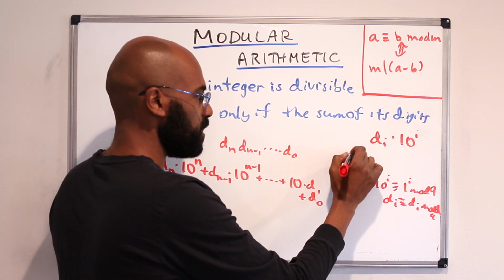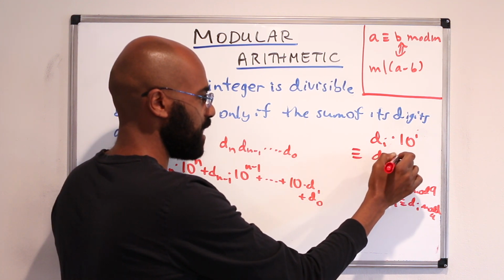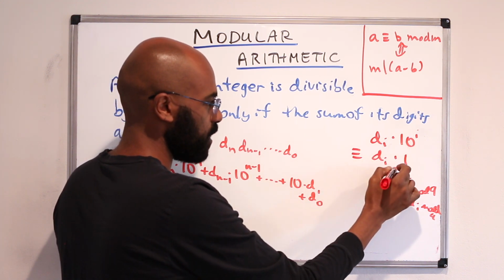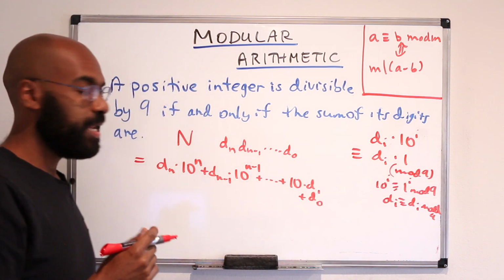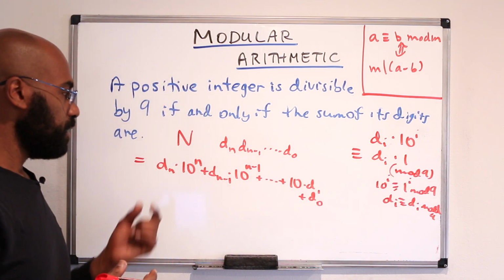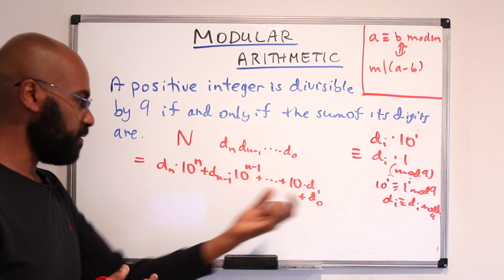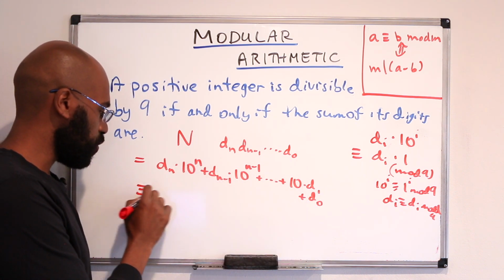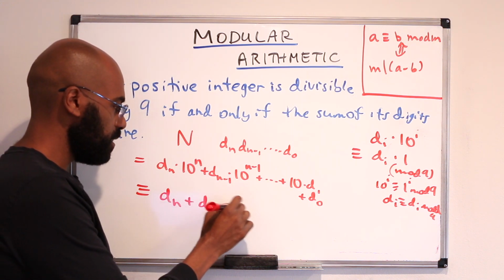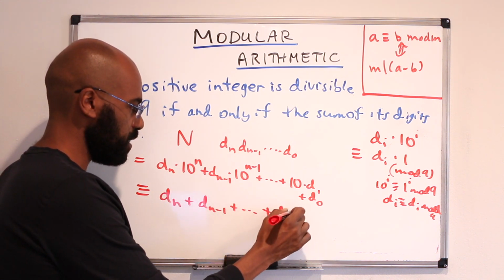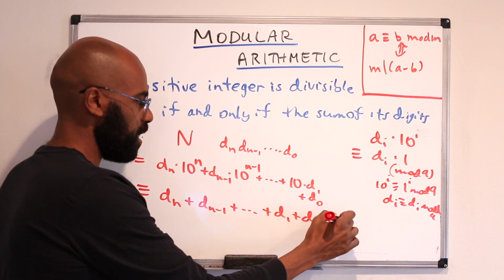So this quantity here is actually congruent to di times 1 to the i, or just di, mod 9. And now by our sum rule, if we apply this to every single one of these pieces, we get that this is congruent to dn plus dn minus 1, up to d1 plus d0, mod 9.